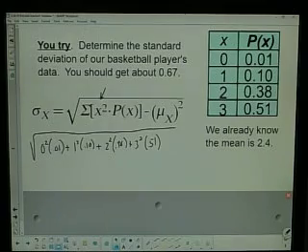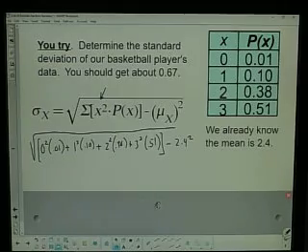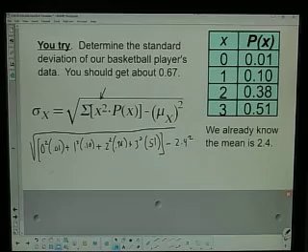Now, add all that up, put that into a big radical, and then take away 2.4 squared. I'm sure you all are capable of doing that in your calculator, but when you do, it comes out to about 0.67 when you round it off.